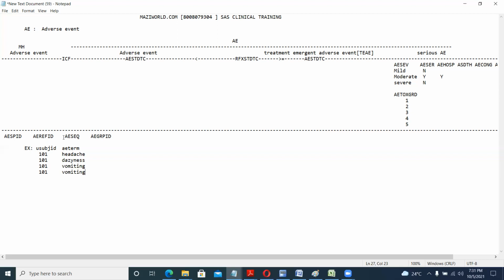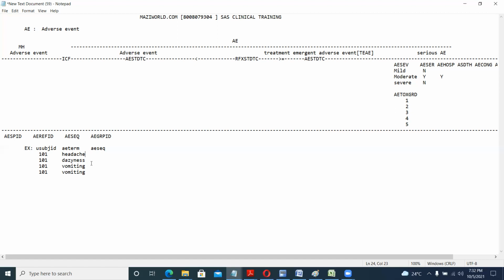Now, whenever you go to the AE sequence, from the AE sequence point of view, your sequence will be generated based on the USUBJID. We are not concentrating on the AE term. We will never target the AE term, we will just target the USUBJID only, because the AE sequence, the adverse event sequence number generation, will be based only on the USUBJID. And whenever you do your clinical programming, you need to generate the AESEQ at the end of the code only, not at the beginning of the code.